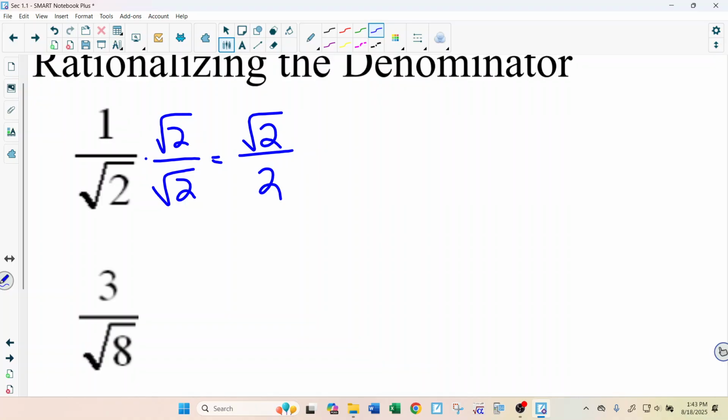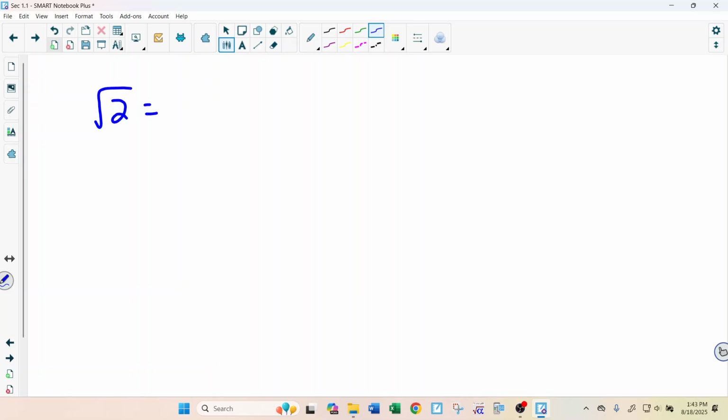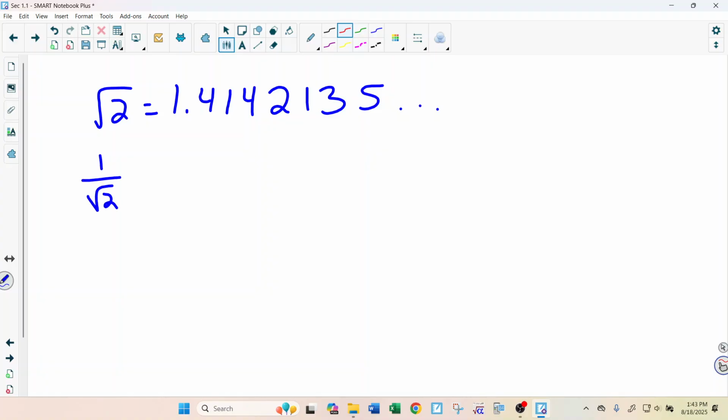So if you think about why you want to do that, remember the square root of 2 is 1.41421335... So if we have 1 over square root of 2, you would want to be doing the long division of 1.41421335... divided into 1.